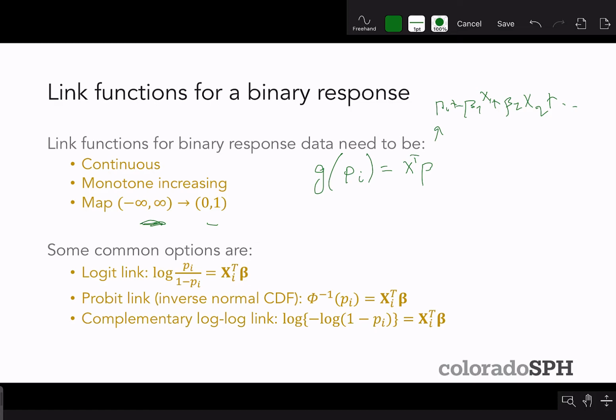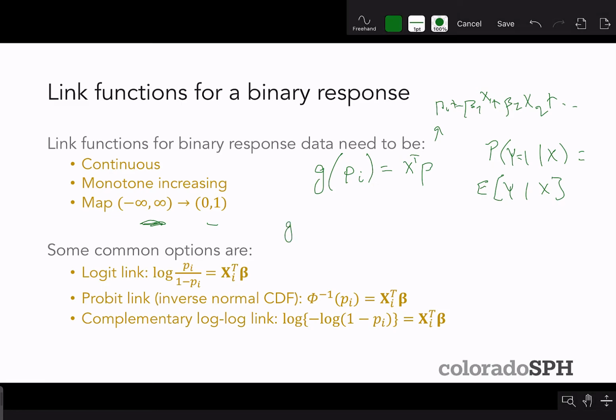And the even more general form of that, well, what is probability? The probability of y equals 1 given x is actually the expectation of y given x for binary data, which is the probability.